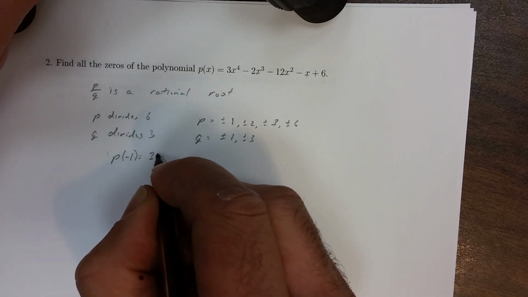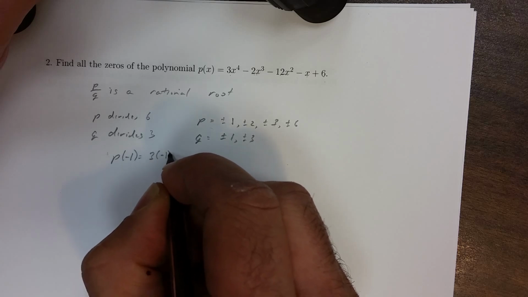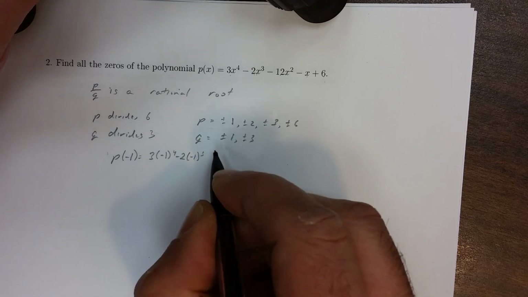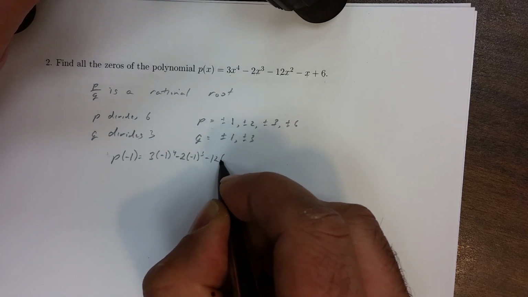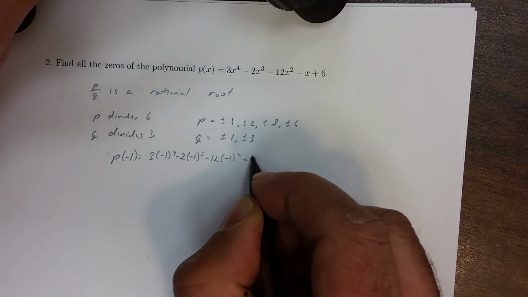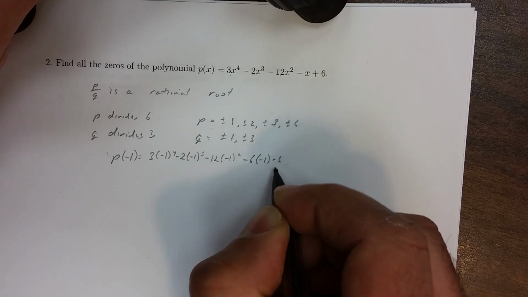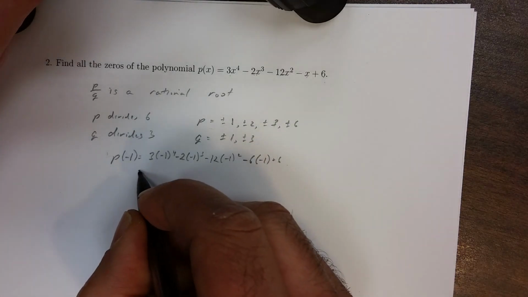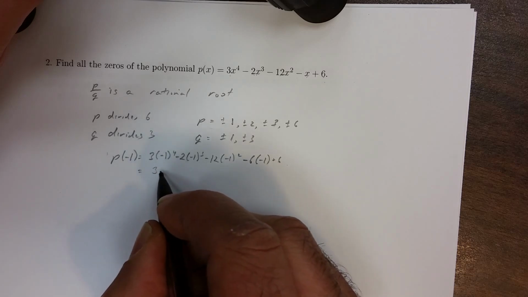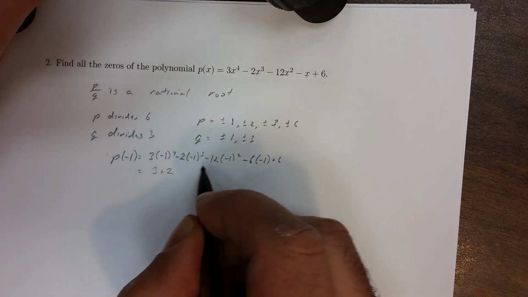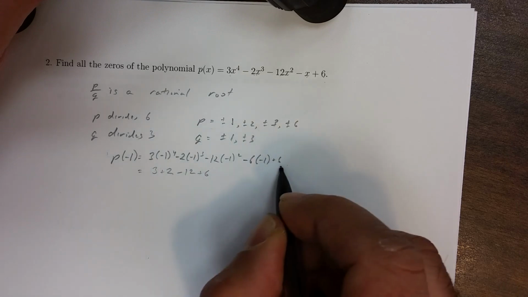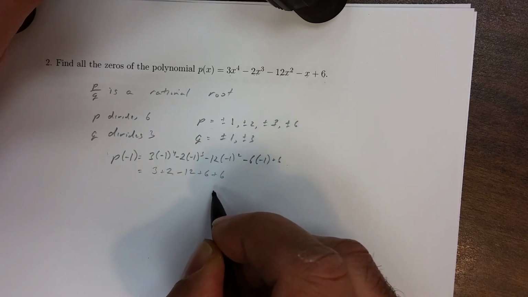That equals 3 times minus 1 to the fourth power minus 2 times minus 1 cubed minus 12 times minus 1 squared minus 6 times minus 1 plus 6. And with any luck, this gives us 3 plus 2 minus 12 plus 6 plus 6.